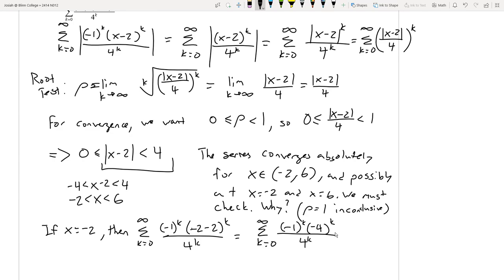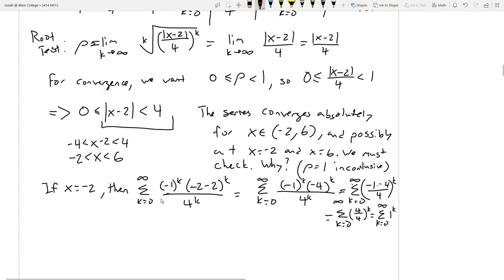If we bring out all the k powers here, this is equal to the sum of negative 1 times negative 4 over 4, all to the k power. And this is equal to 4 over 4 to the k, which is 1 to the k. And so finally we get that this is the series from k equals 0 to infinity of 1.